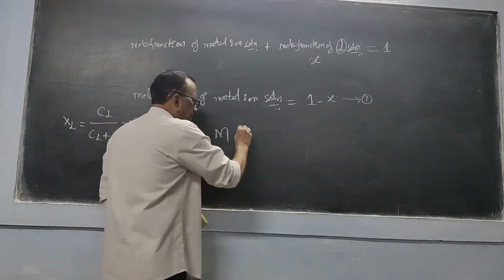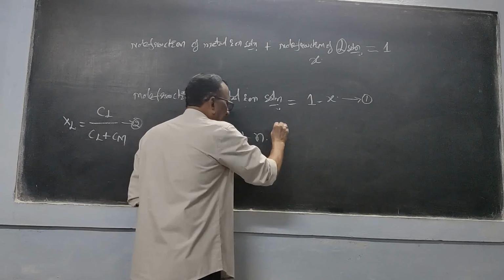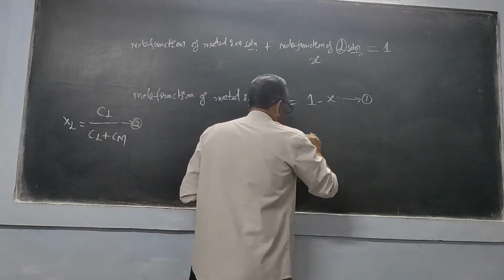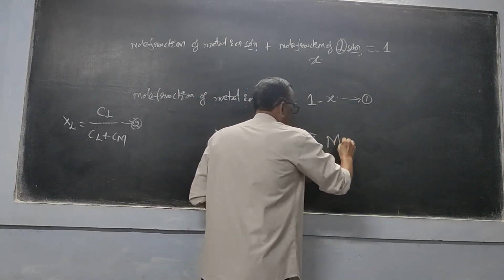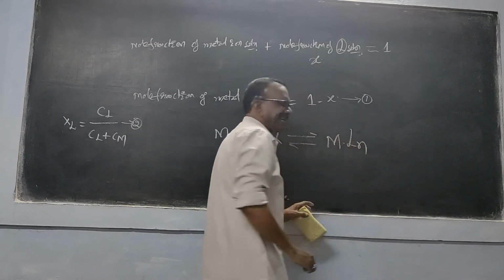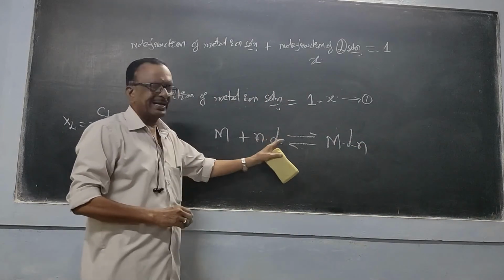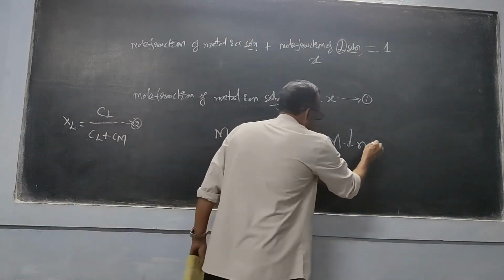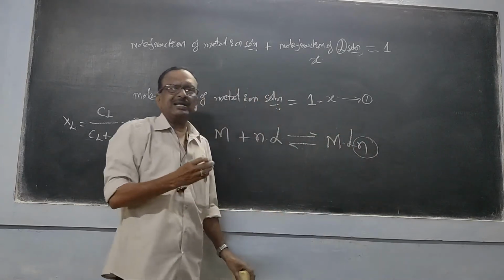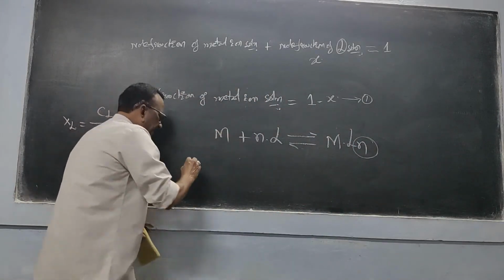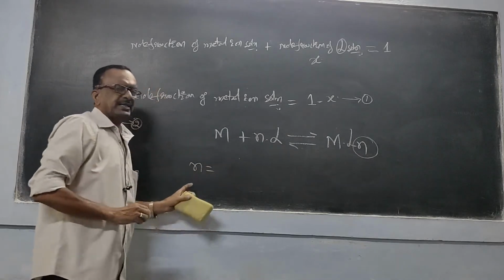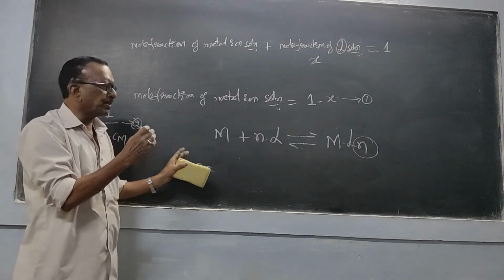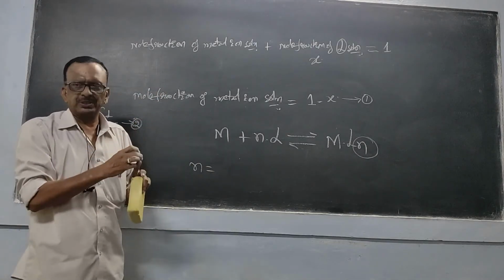Now we want to calculate the composition. The metal combines with n number of ligands, and we get MLn. This is the complex we are getting. Now we have to find out this n. How can we calculate n? n is the number of ligands present in the coordination sphere.